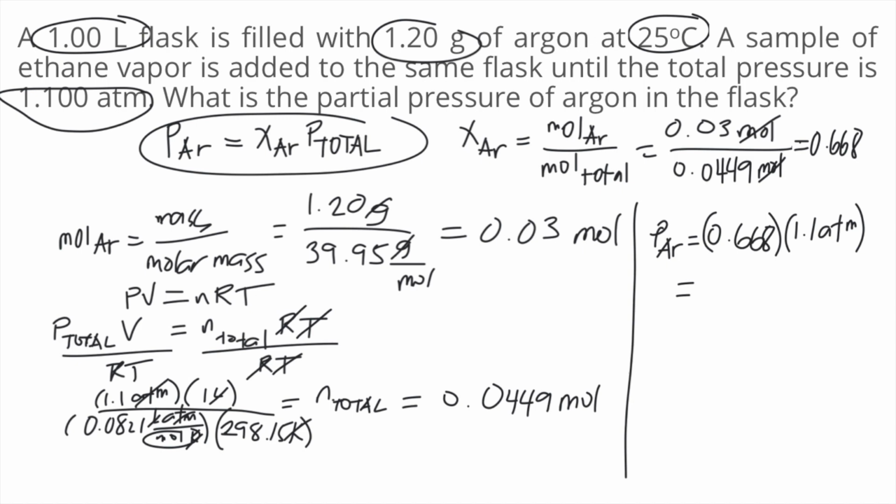So 0.668 times 1.1, you will get approximately 0.735 if you round up, atm. So the partial pressure of argon is 0.735 atm, and this is the answer to the question.